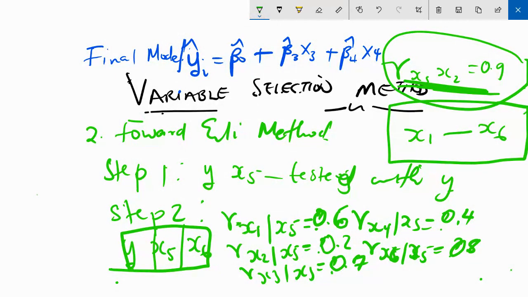Okay? So there is no way we will be expected to calculate it. There's nothing that you should do. That's why, even with these things that I'm explaining, like Rx1 given x2, you won't see it. If you're asked to interpret an output, I won't ask you to calculate these things.